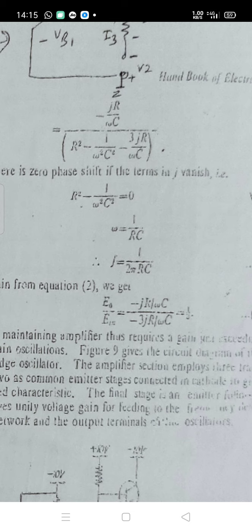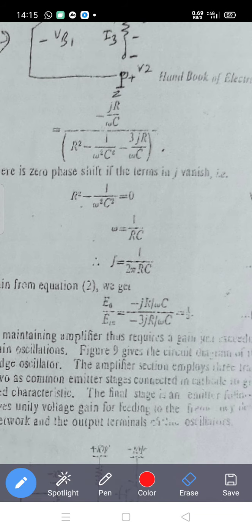Again from equation number 2, from this equation we get E0 by En equal to minus jr upon omega c divided by minus 3 jr divided by omega c.